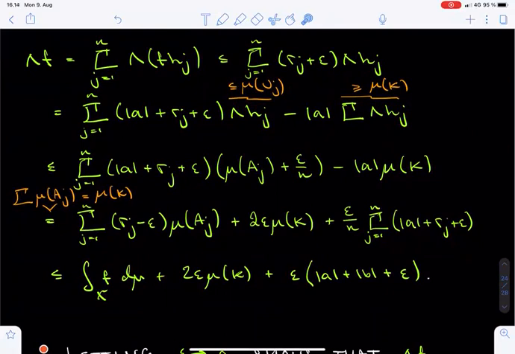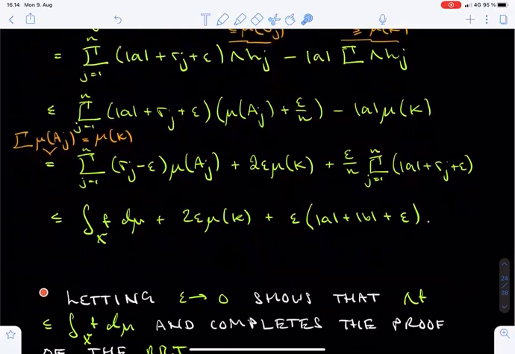We then make these substitutions to arrive at the next line. At the same time, the mu measure of uj is already bounded from above by the mu measure of aj plus epsilon over n. This was one of the properties of the open sets uj containing aj. The passage to the next line may seem a little complicated, and you may wish to pause the video to get convinced. In fact, nothing really happens here, except that various terms are regrouped, and we also use the fact that the sum of the mu measures of the sets aj equals the mu measure of k.